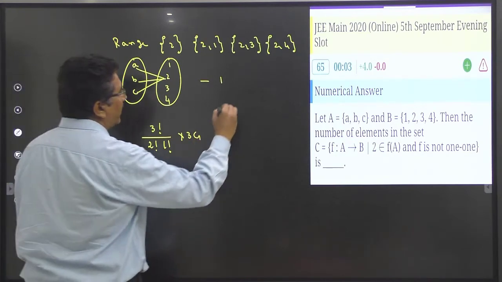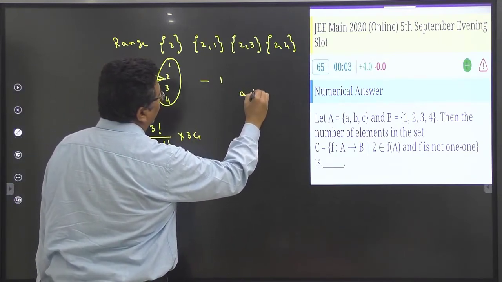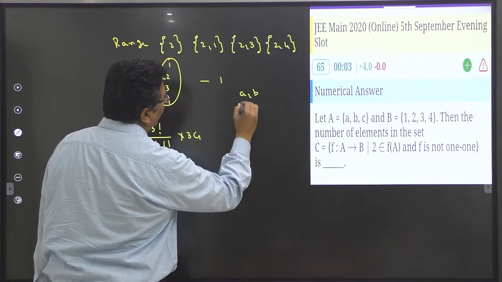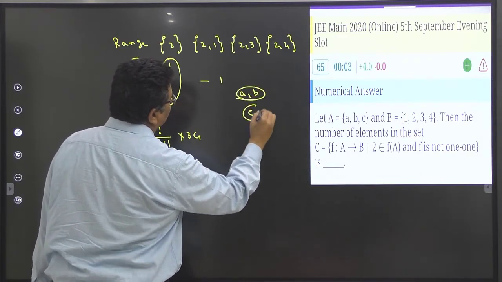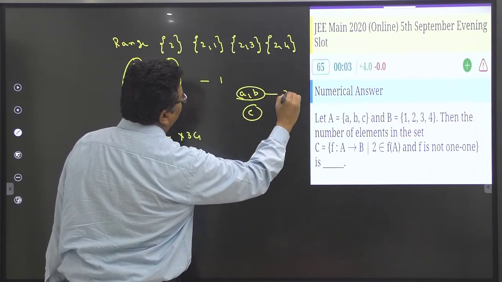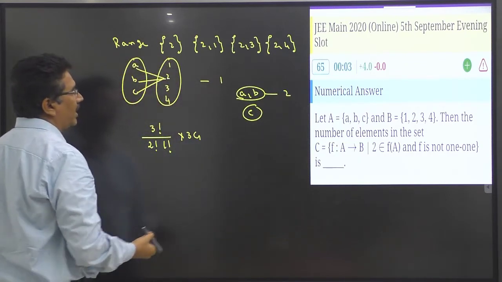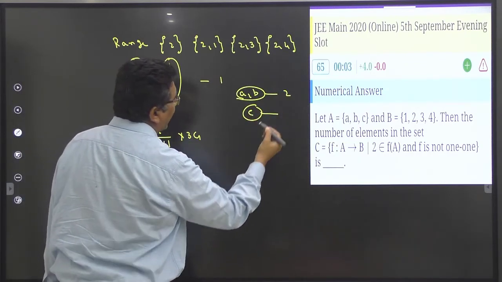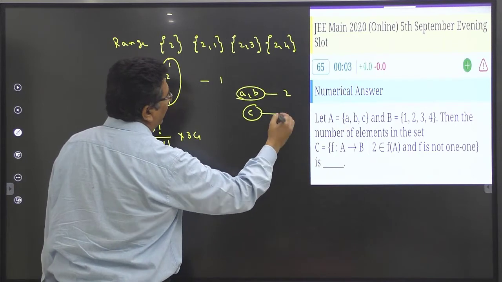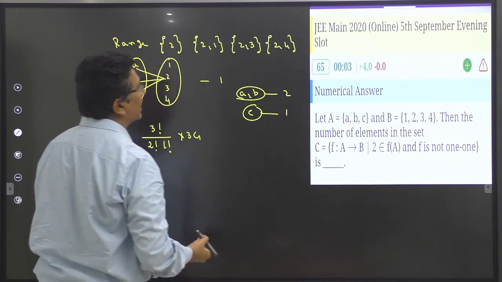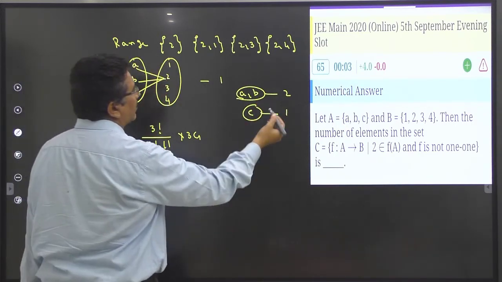Now divide the elements of capital A into 2 groups. Suppose the groups are like this: the elements a, b in one group and the element c in the other. These 2 elements are mapped to 2, and the element c is mapped to any one of 1, 3, 4. This is one way.